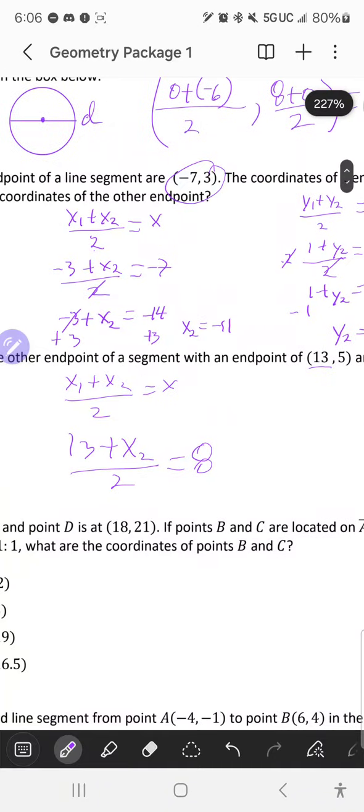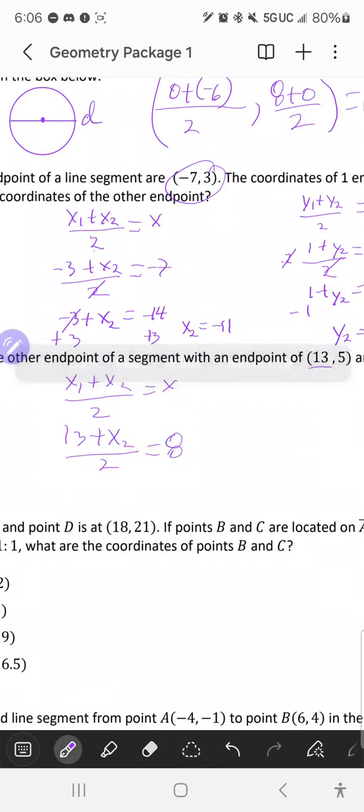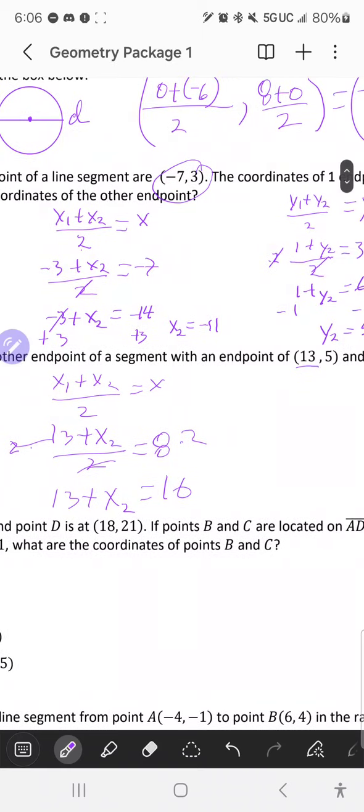So we basically calculate using algebra here. We multiply each side by 2. So we cancel this 2 with this 2 and we get 13 plus x2 equals 8 times 2, which is 16.